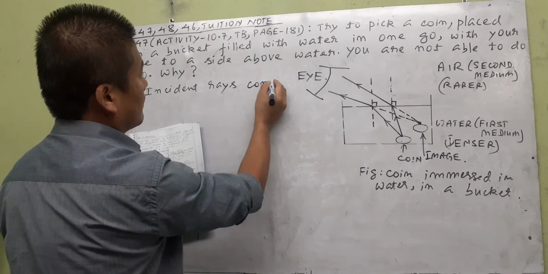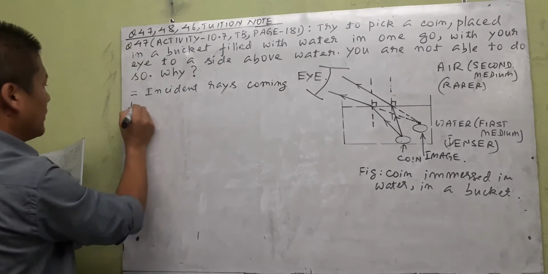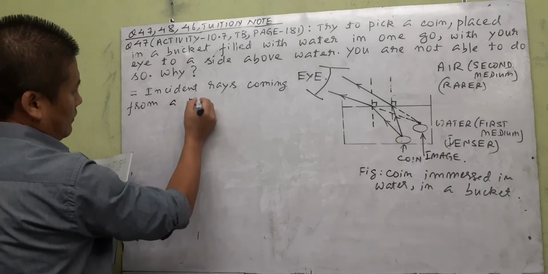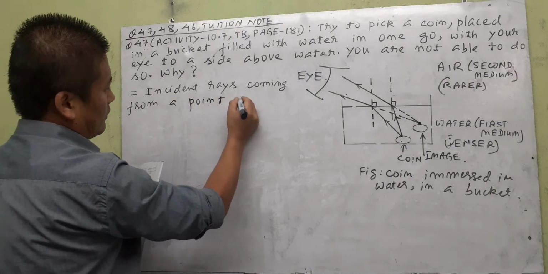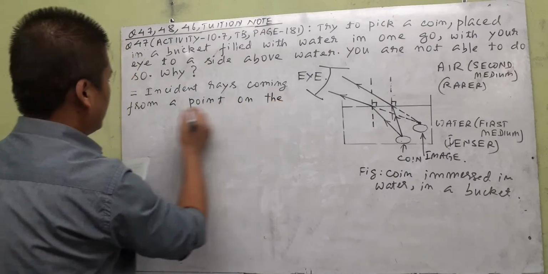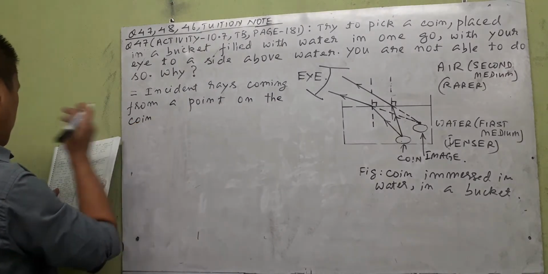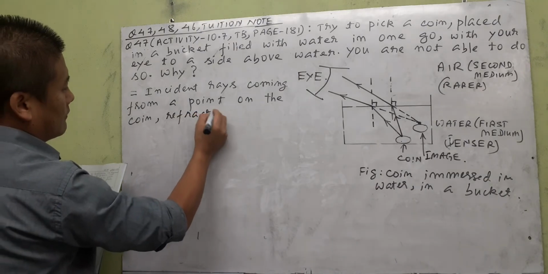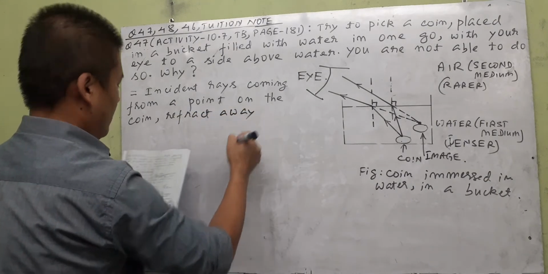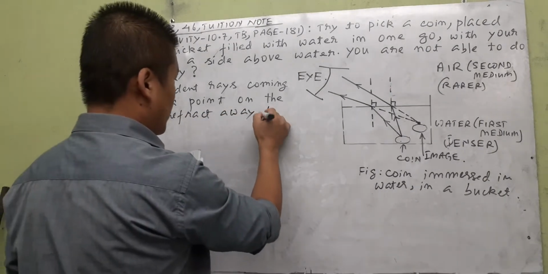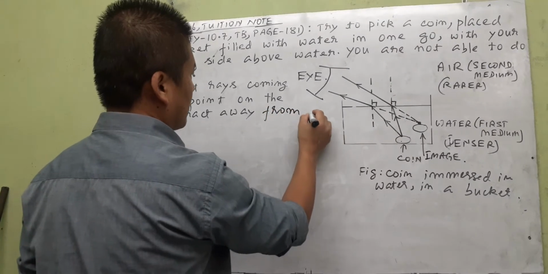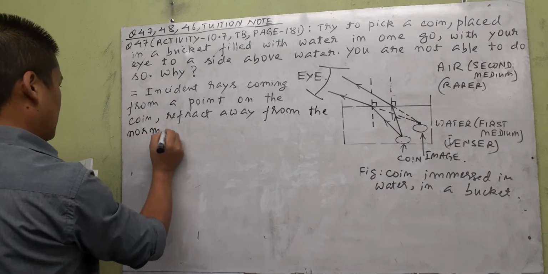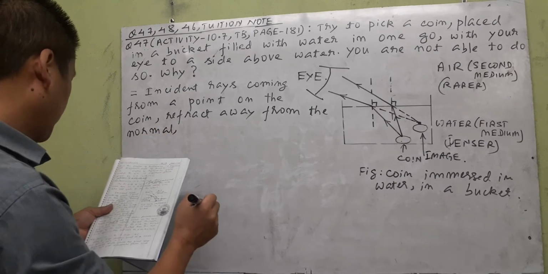coming from a point on the coin, as you can see in the figure, refract away from the normal. Why?